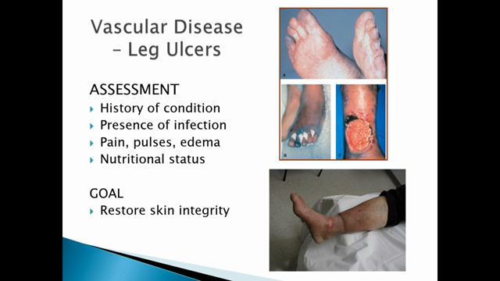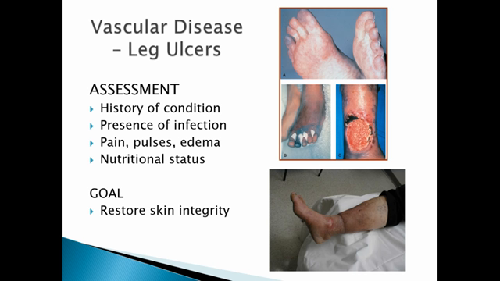But you always want to assess their history of their condition. How long has this been going on? How long has the wound been there? Does the wound appear infected? What does the wound look like? The color, the drainage, what type of drainage, how much. What does the surrounding tissue look like? That's really important. Are they experiencing pain?